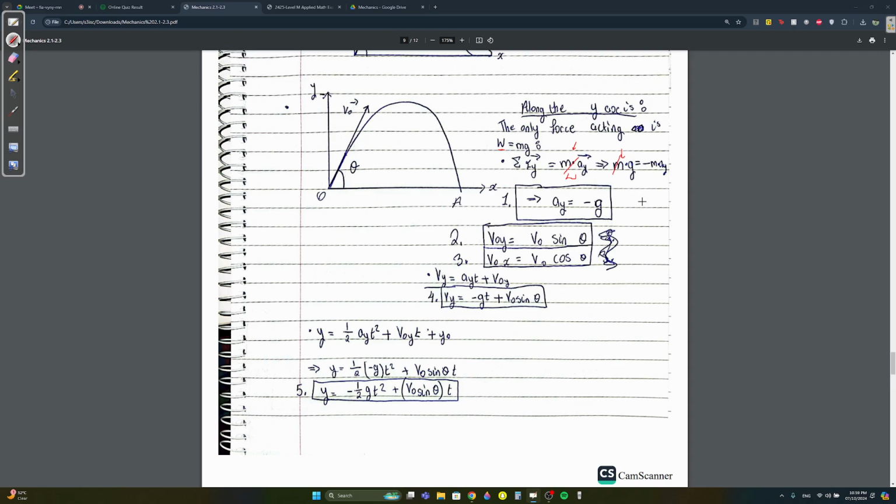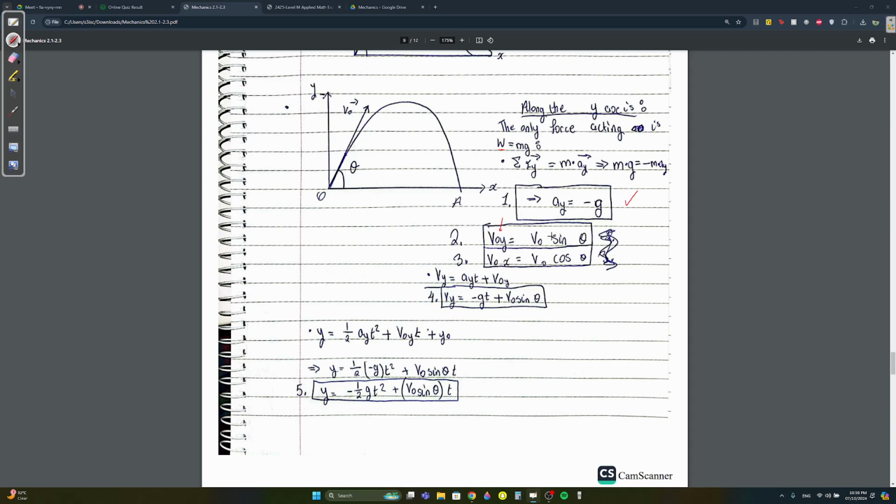The acceleration in projectile motion is equal to negative g. g is gravitational acceleration, always given. This is the first thing. Nice and easy.